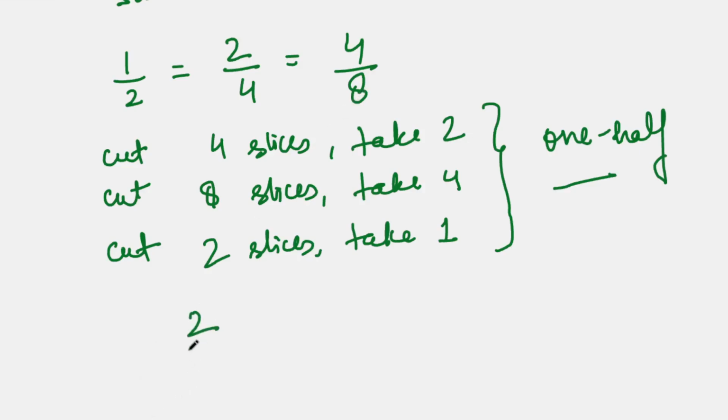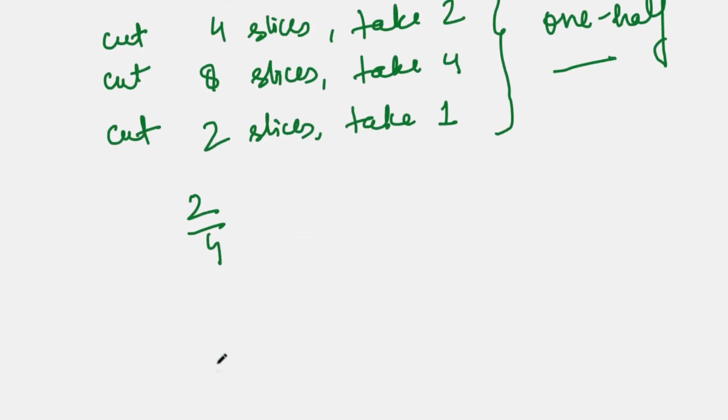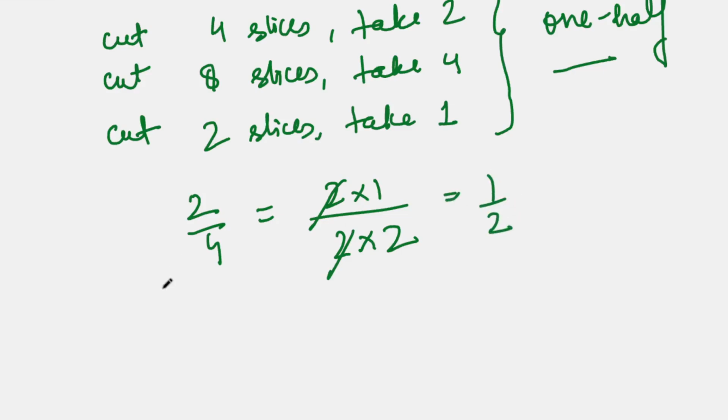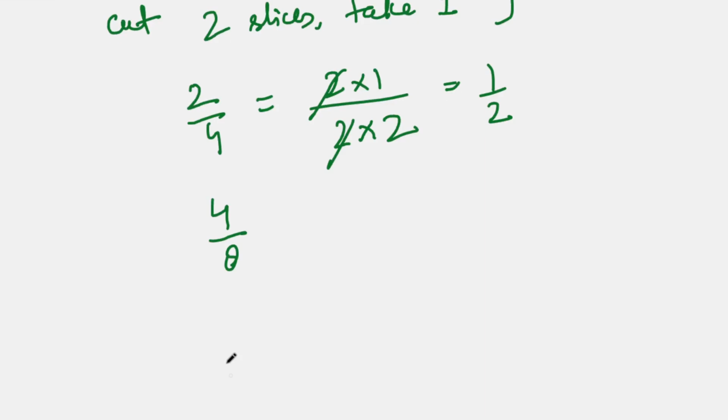And we can also get a clear understanding this way. 2 can be written as 2 multiplied by 1, and 4 can be written as 2 multiplied by 2. These 2 get cancelled out and we get 1 by 2. Now let's see with 4 by 8. 4 can be written as 2 multiplied by 2 and 8 can be written as 2 multiplied by 2 multiplied by 2.